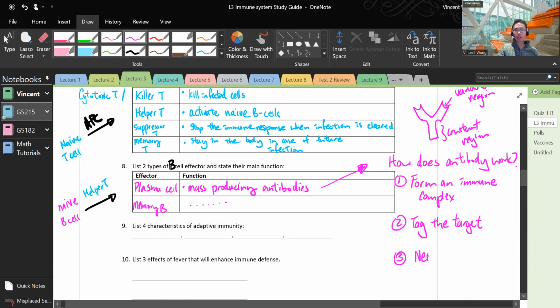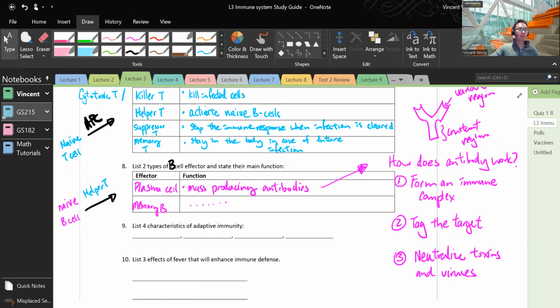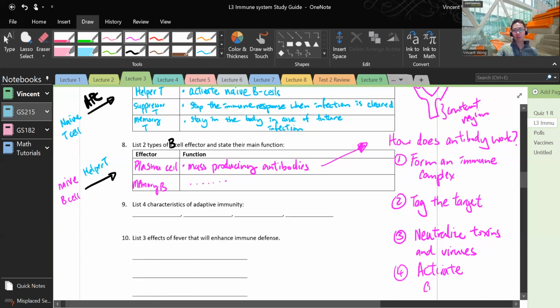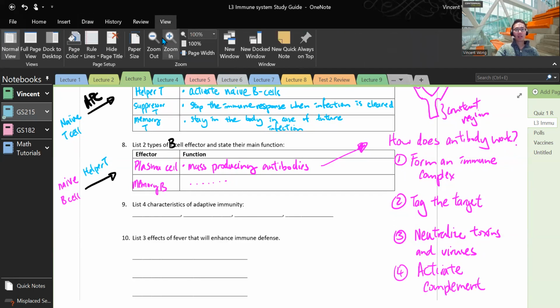They can neutralize toxins and viruses. Okay. And I think there's one more in the notes. They can activate complement proteins.